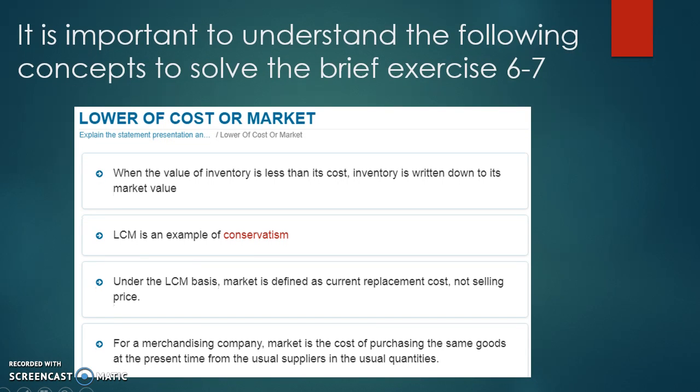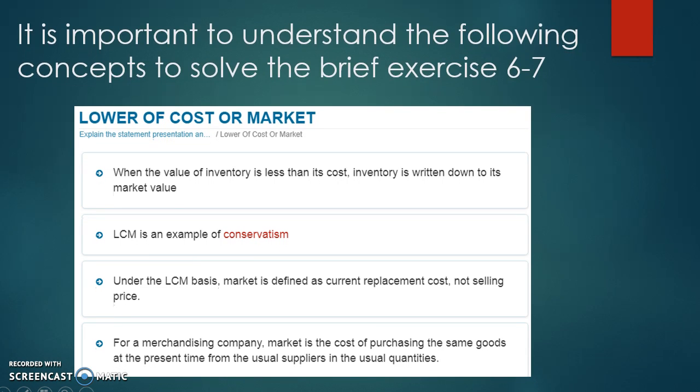LCM is an example of conservatism. Under the LCM basis, market is defined as current replacement cost, not selling price. For a merchandising company, market is the cost of purchasing the same goods at the present time from the usual supplier in the usual quantities.